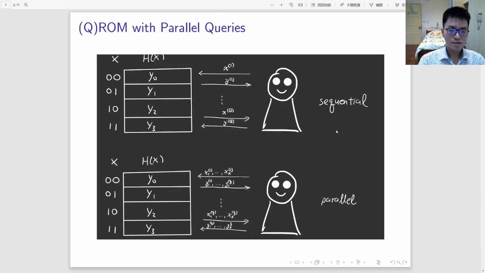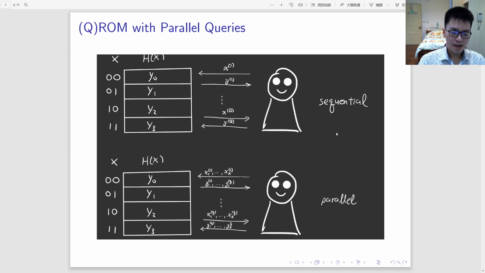We are also in the context of parallel queries. Parallel queries are in contrast to sequential queries, in which the adversary is only allowed to ask for the output of one data point for each query round. While in parallel queries, adversaries are allowed to ask for the outputs of multiple data points at a single query round.